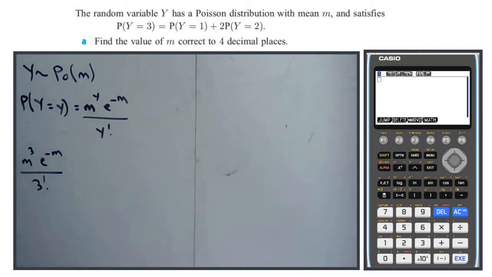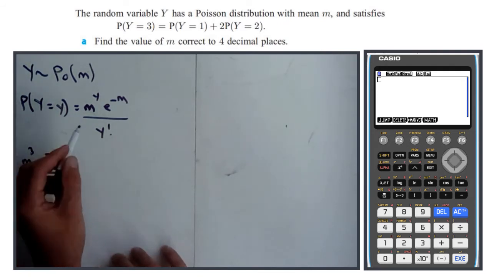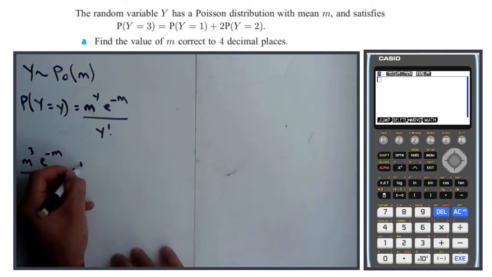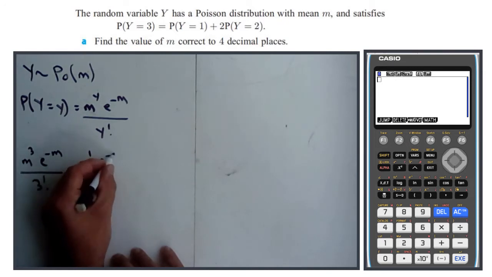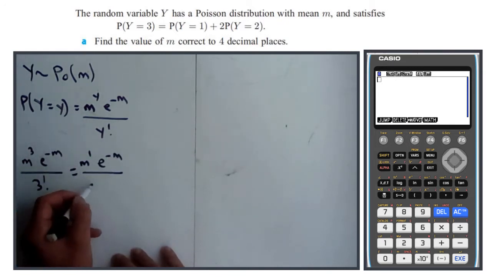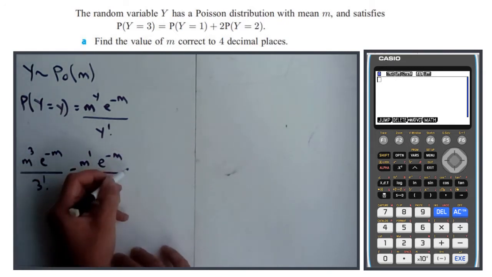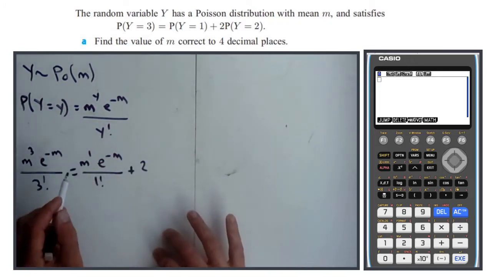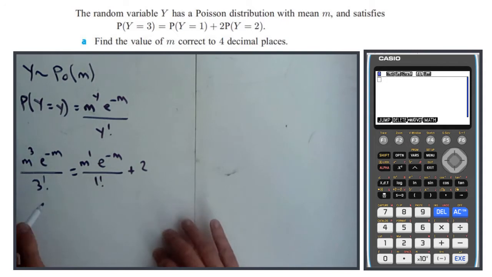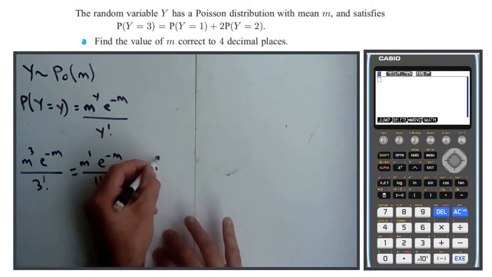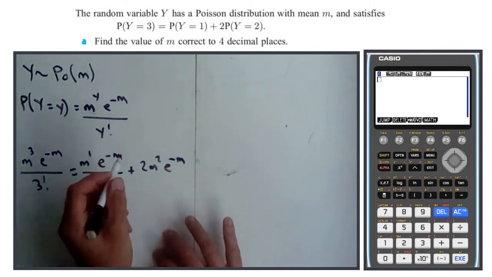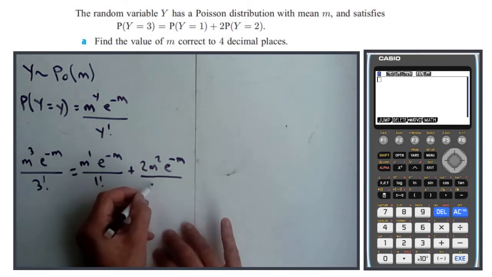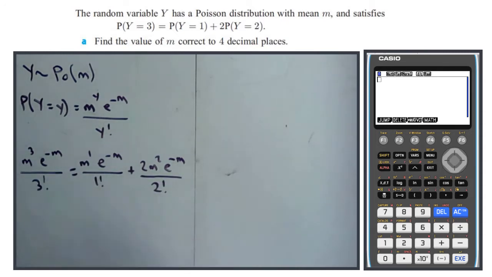So that's P(Y=3), and we're told this equals P(Y=1), which would be m to the power 1, e to the minus m over 1 factorial, plus 2 times P(Y=2), which would be m squared e to the minus m over 2 factorial.